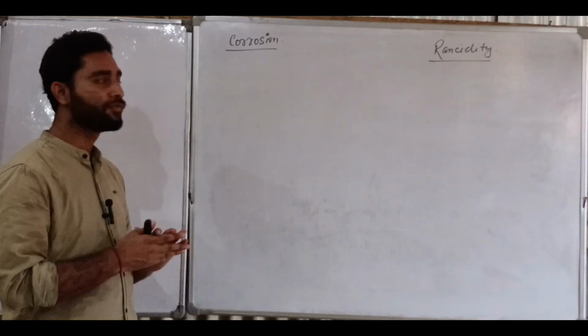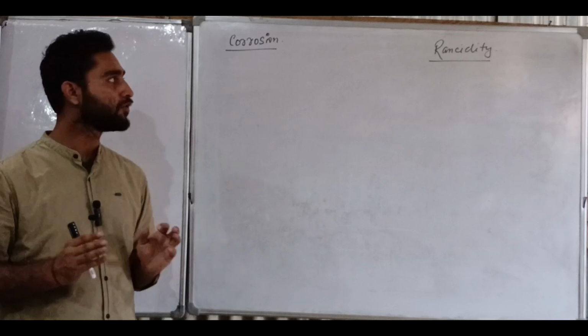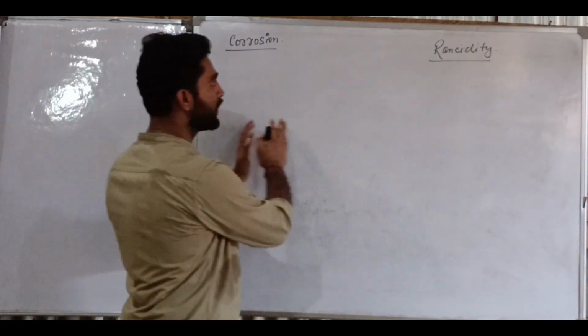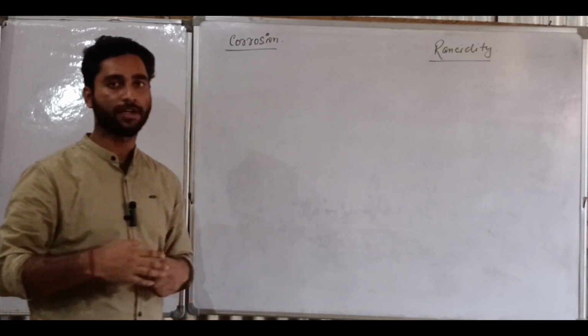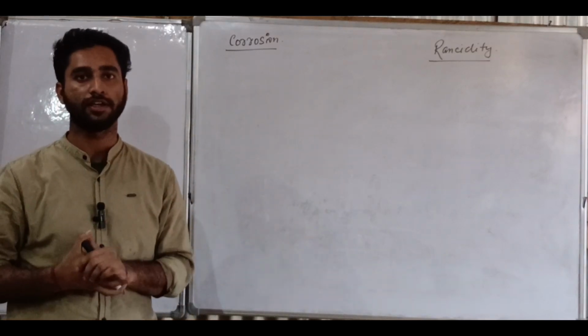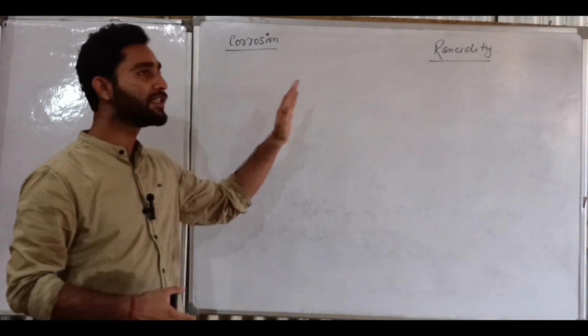Okay, now before solving questions number 18, 19 and 20, we must know two concepts, that is corrosion and rancidity. These are the last topic from our chapter, chemical reactions and equations. Both these processes are damaging processes.